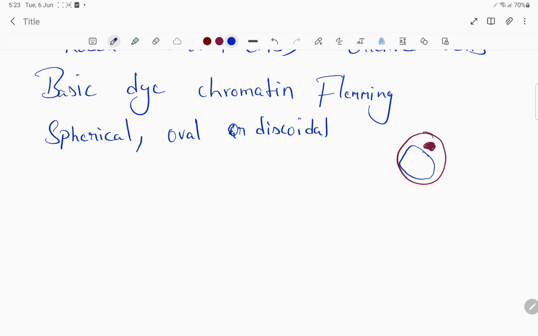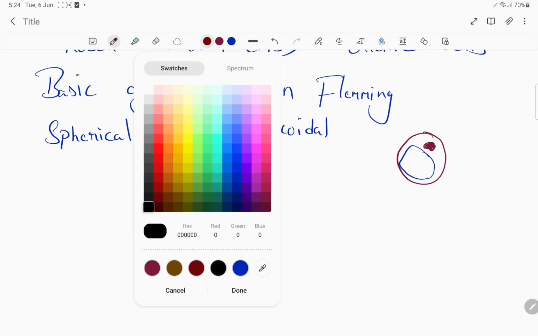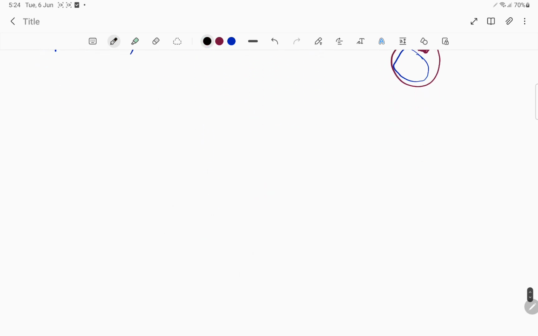In animal cells it is located in the center. So let's see the parts actually. With the parts we'll try to discuss still more.